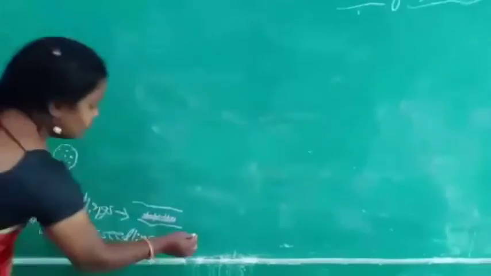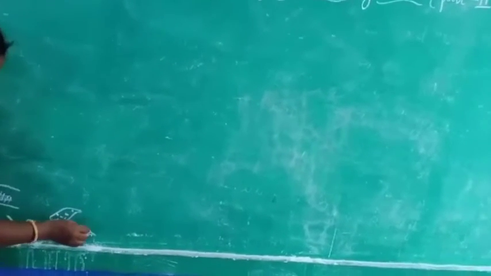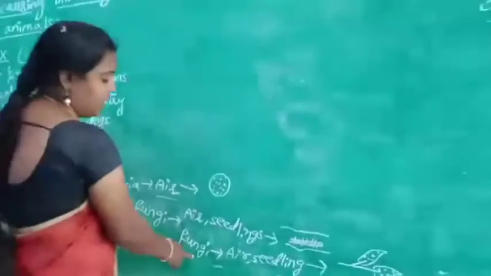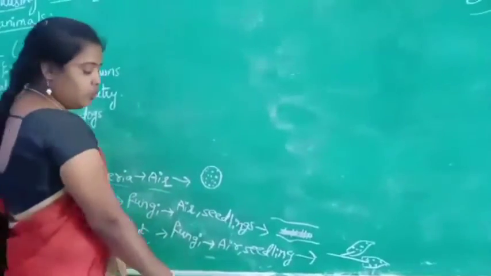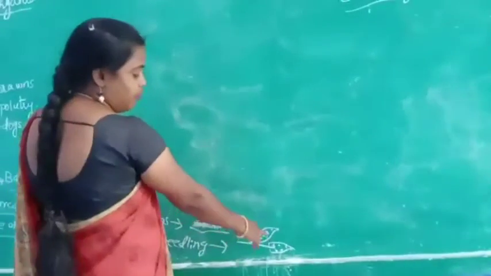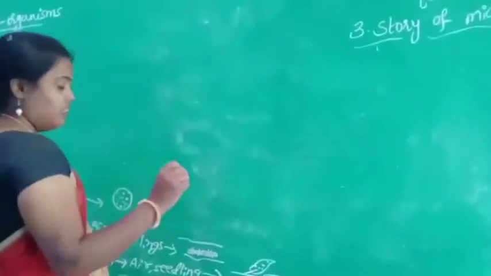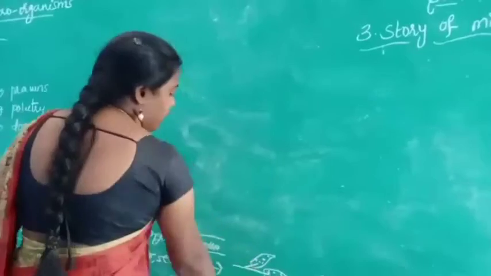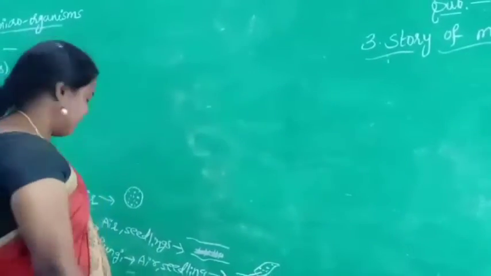You can observe red color spots or brown color spots on the groundnut leaf. That is nothing but what? Tikka disease of groundnut, which is caused by fungi. The fungi are transmitted through air and seedlings. So the red or brown color spots appear on the leaf of the groundnut plant.